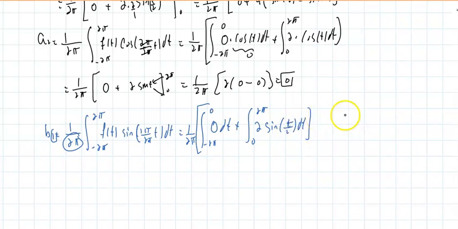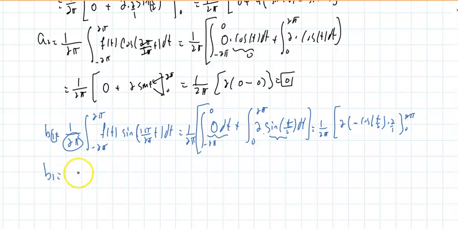So the work is almost identical. 1 over 2 pi times, this is a 0, no need to worry about that. This is twice negative the cosine of t over 2 times 2, evaluated from 0 to 2 pi.